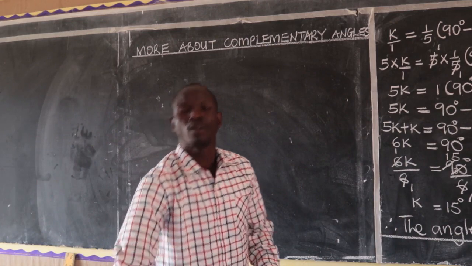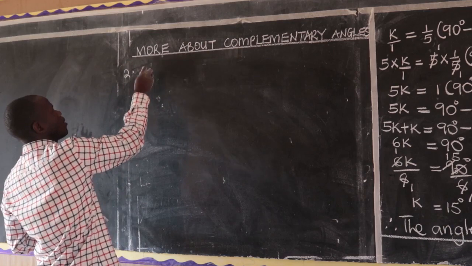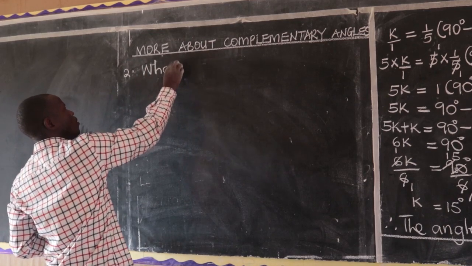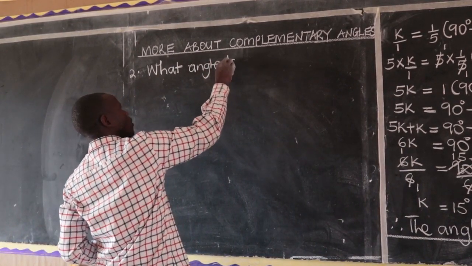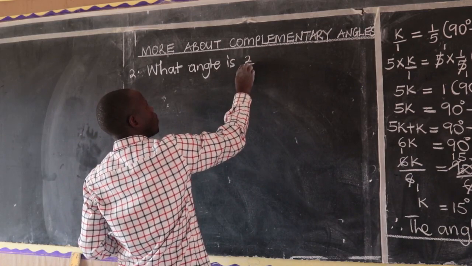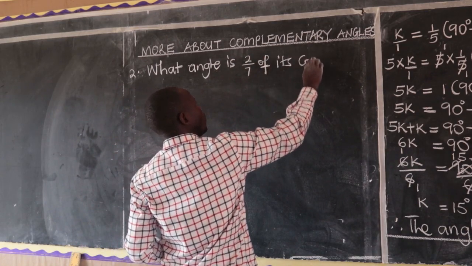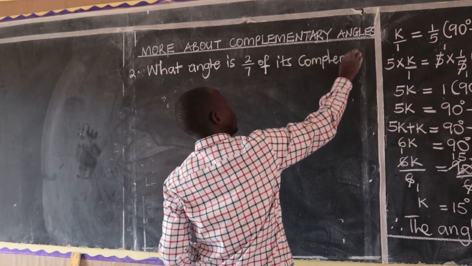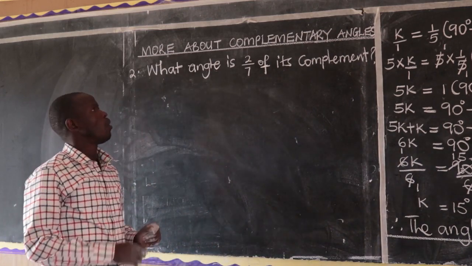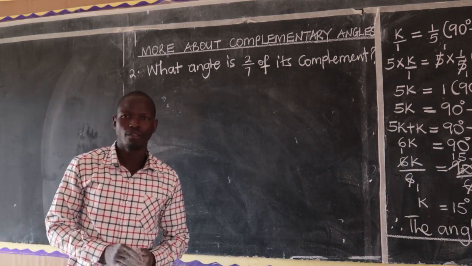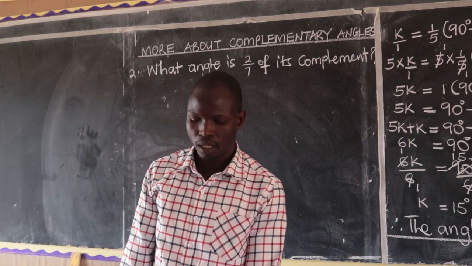So boys and girls, let's look at example 2, which is here. It reads as, what angle is 2/7 of its complement? What angle is 2/7 of its complement?